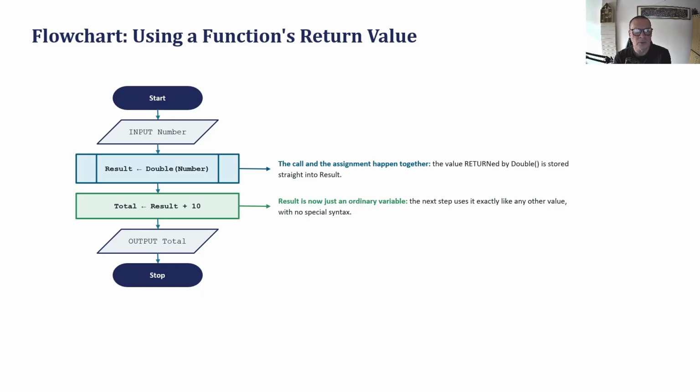So you put the result in a variable, and then you move on to the next step, and you can start using the result that you got from the function. Whatever variable name you store it in, the actual variable name and the call to the function go within the rectangle with the lines down the side, and then it can be used after that in any subsequent shape that you're using.